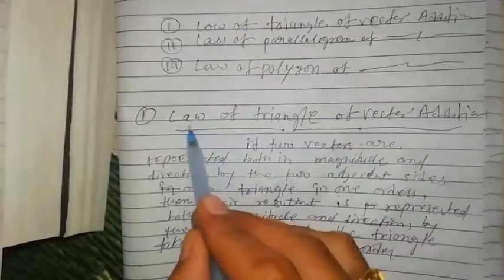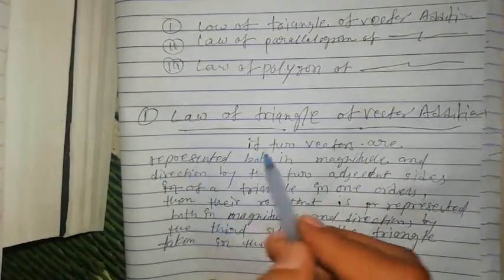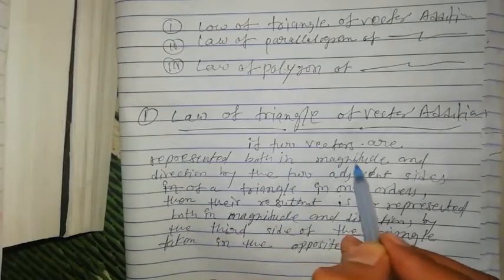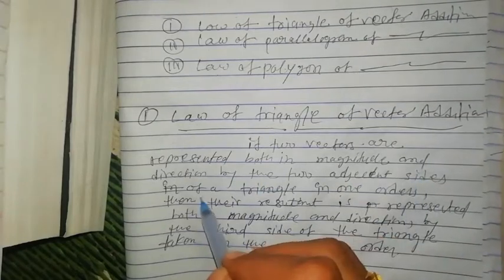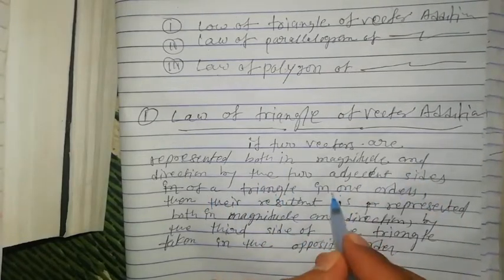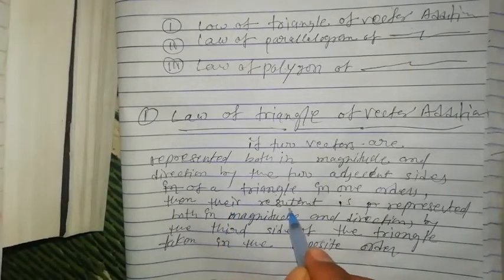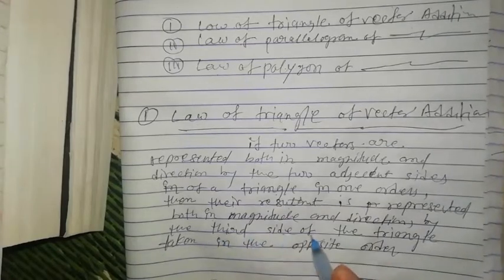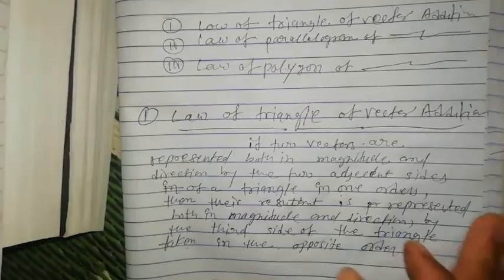Now, law of triangle of vector addition. If two vectors are represented both in magnitude and directions by the two adjacent sides of a triangle taken in one order, then their resultant is represented both in magnitude and directions by the third side of the triangle taken in the opposite direction.